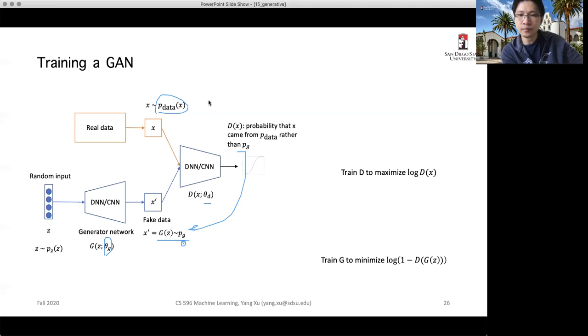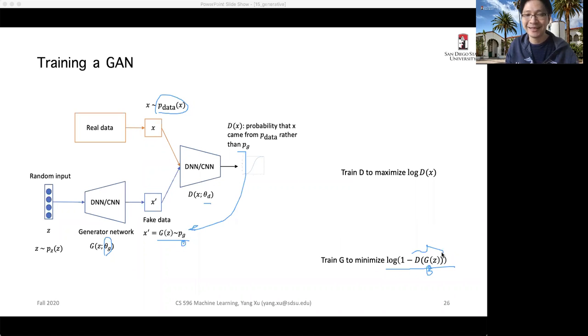The training for the discriminator is to maximize the logarithm of D of X. But the cost function for G is to minimize. The goal of training the generator is to minimize the logarithm of 1 minus D of G of Z. This is a bit of a tricky part here, because the goal of training a generator is to fool the discriminator, right?